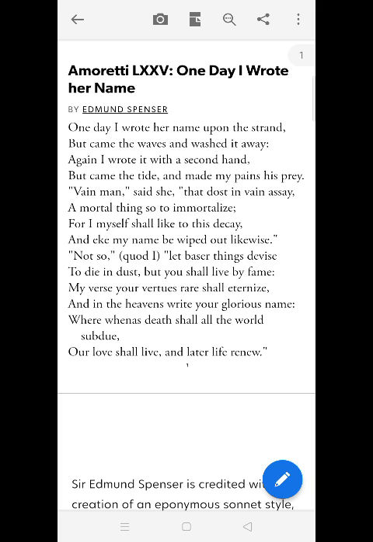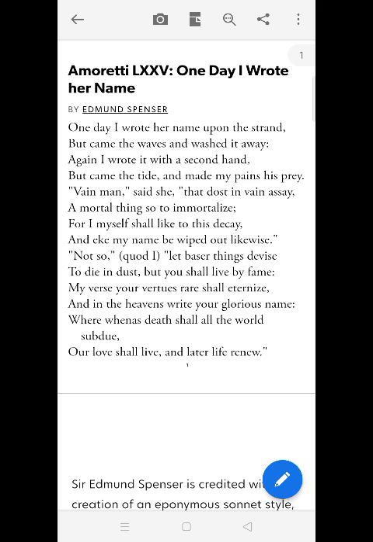Actually he treats death as a person who can surpass humanity. In the lines "but came the waves and washed away," the waves also act like humans who wash something away that they do not want to have or be reminded of any longer.